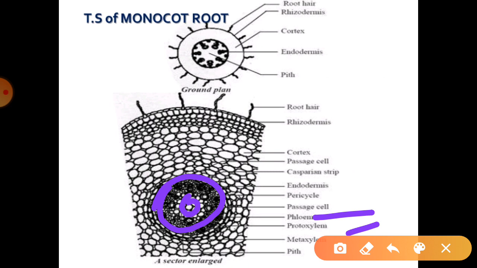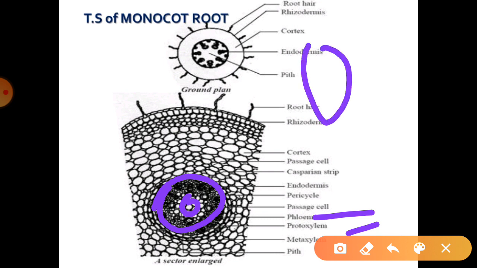The xylem bundles are exarch, and the protoxylem lies towards the outside while the metaxylem faces inwards. As I have already told you, in the monocot root the vascular bundles are in the exarch condition, meaning the xylem bundles are exarch.